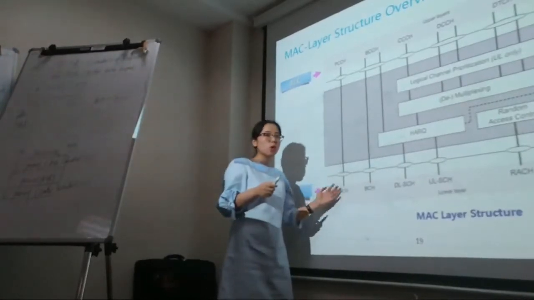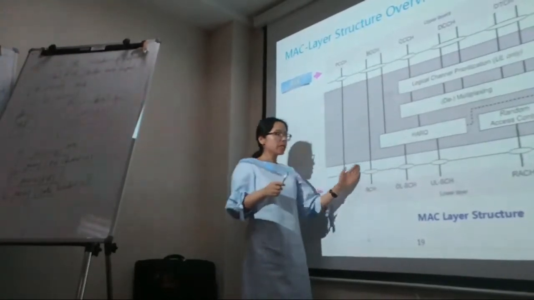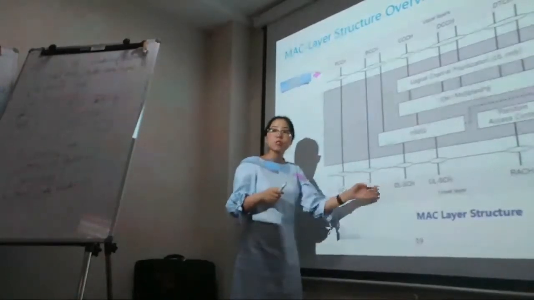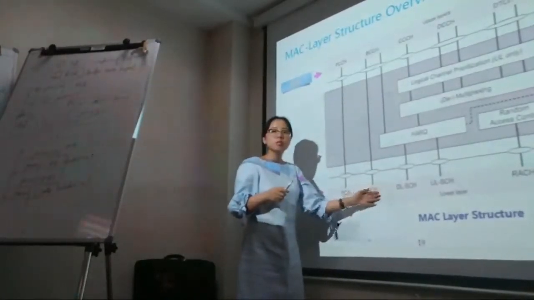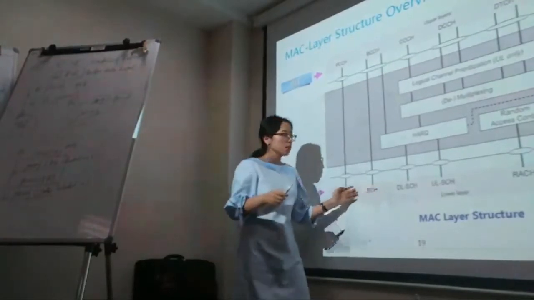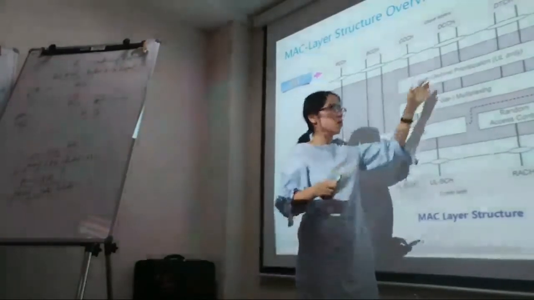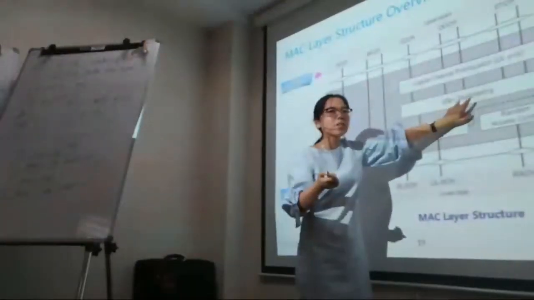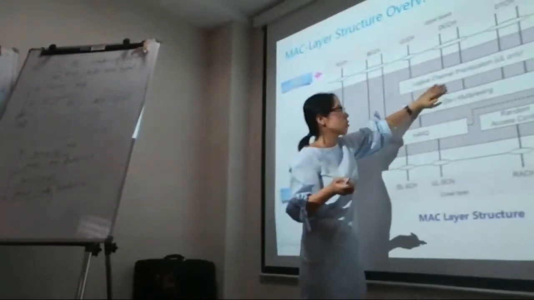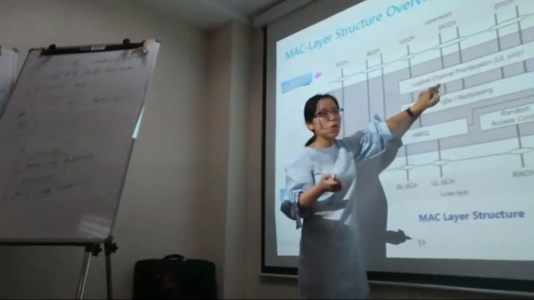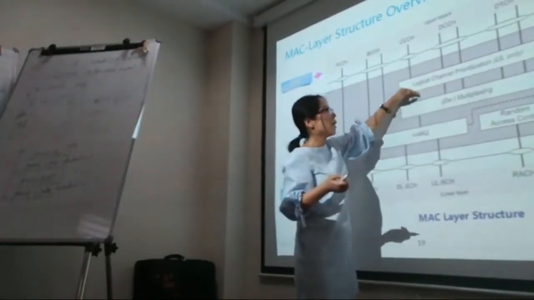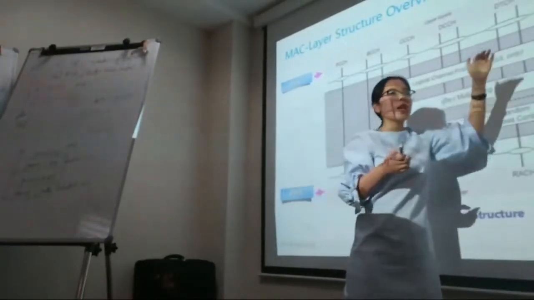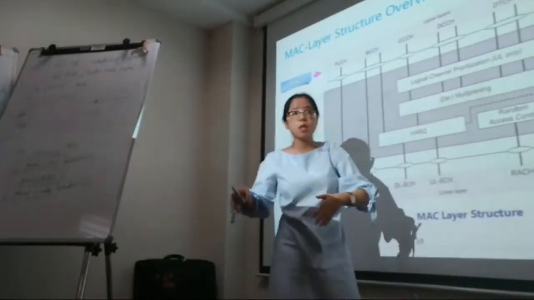From this picture, we know paging and MIB just go through the MAC layer. It will not process them. For the other three, for the downlink, it will perform multiplexing directly. We don't need to process the logical channel prioritization. For the uplink, it will perform this: it selects among so many logical channels which one I need to transmit first.